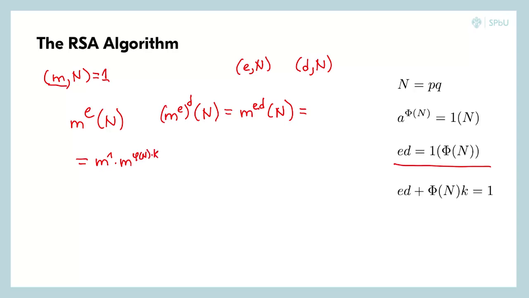So phi of N here is multiplied by some integer K, because this identity we can rewrite like this.